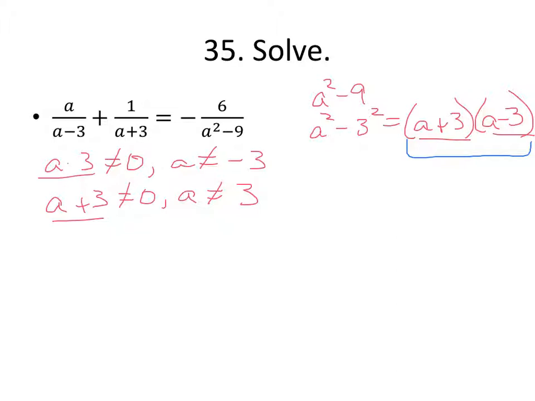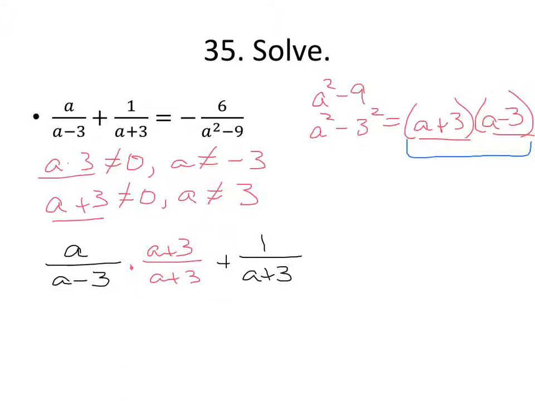So we rewrite this as a over a minus 3, and then we're going to multiply it by a plus 3 over a plus 3. And then the second, we have 1 over a plus 3, and we have to multiply that by a minus 3 over a minus 3.